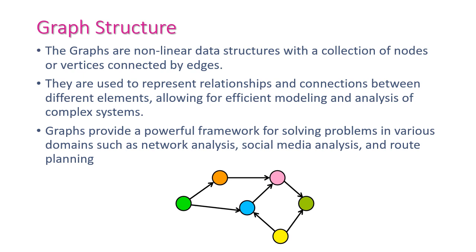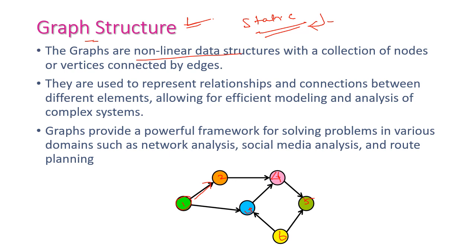The next important nonlinear data structure is the graph structure. So this is a static type. Static means the size is fixed during the compile time itself. We cannot resize the graph during the runtime. Here also the graph is a collection of nodes and edges. A node is used to store the data 1, 2, 3, 4, 5, 6.